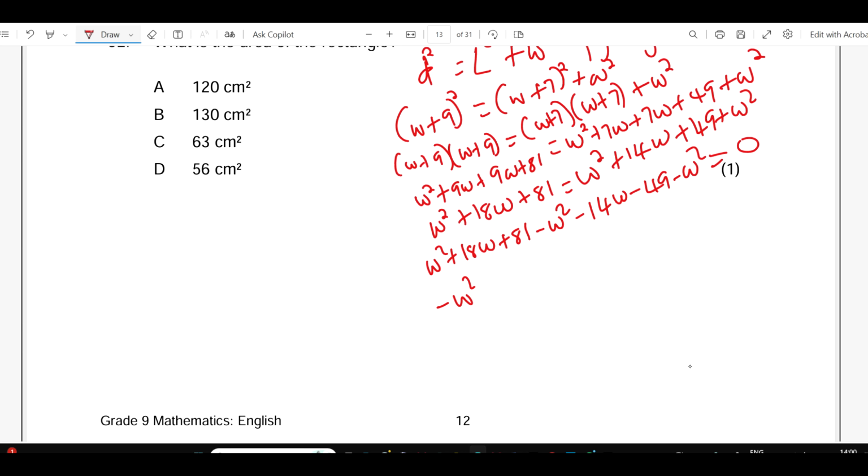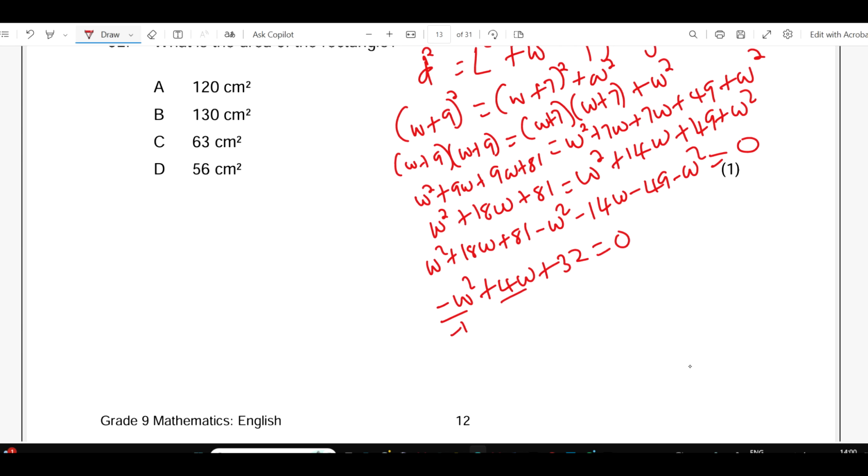And then 18w minus 14w is going to be positive 4w, and then 81 minus 49 is plus 32 equals to 0.